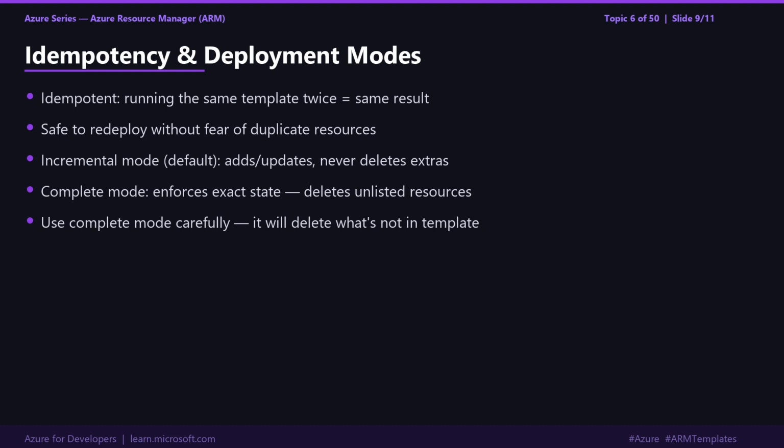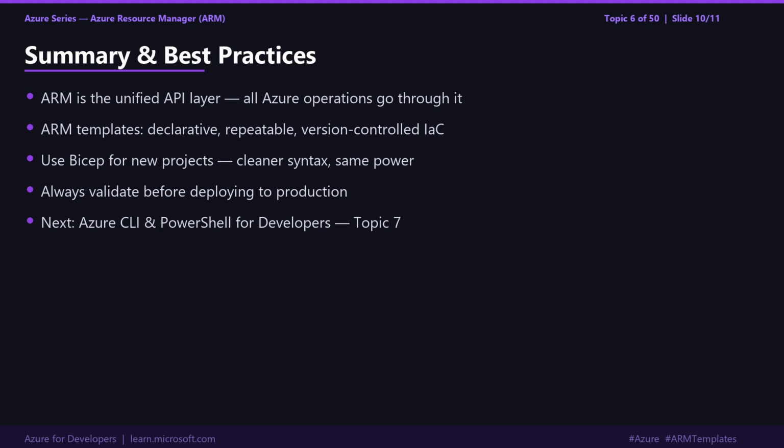If your resource group contains a resource that is not declared in the template, ARM will delete it. This is powerful for maintaining a clean, well-defined environment, but be extremely careful. Running a complete mode deployment with an incomplete template will delete real resources. Always validate and test with incremental mode first.